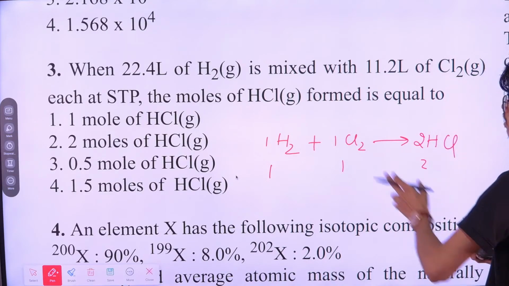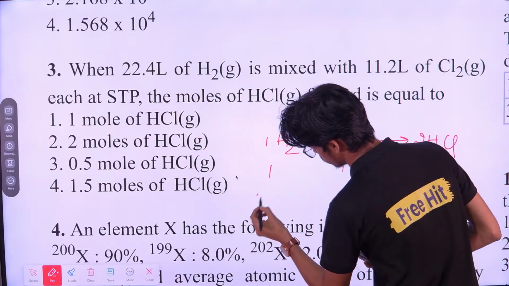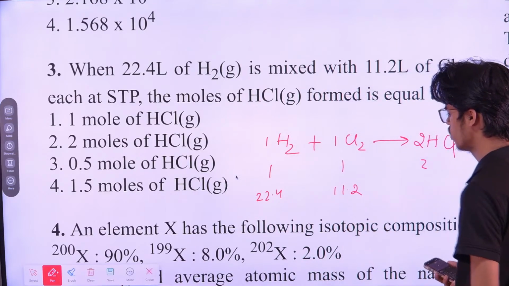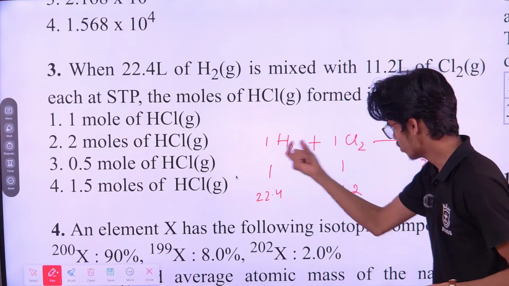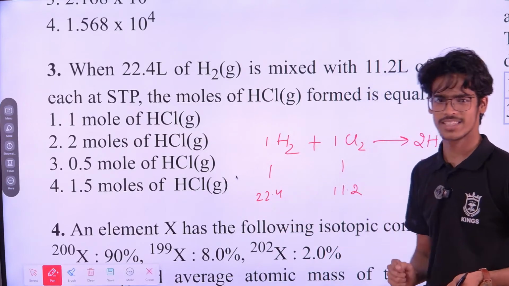Now, see, 22.4 liter and this is 11.2 liter. Hydrogen and chlorine combine in the same ratio, but they are not present in the same ratio.